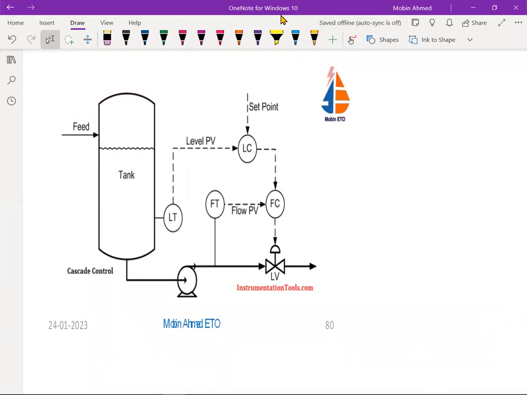So in this control, there is a tank where we are going to have the feed water. So this is the feed water. Feed water is feeding to this tank.